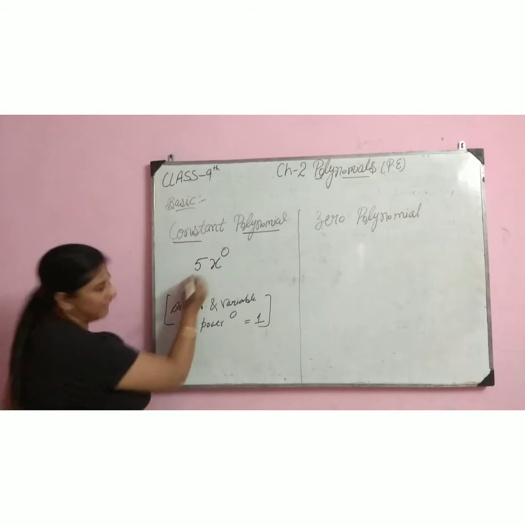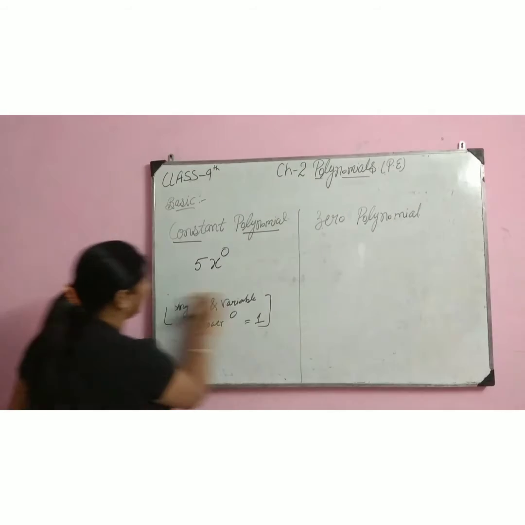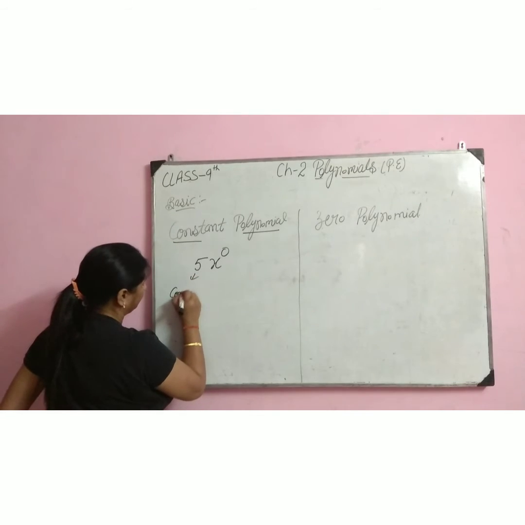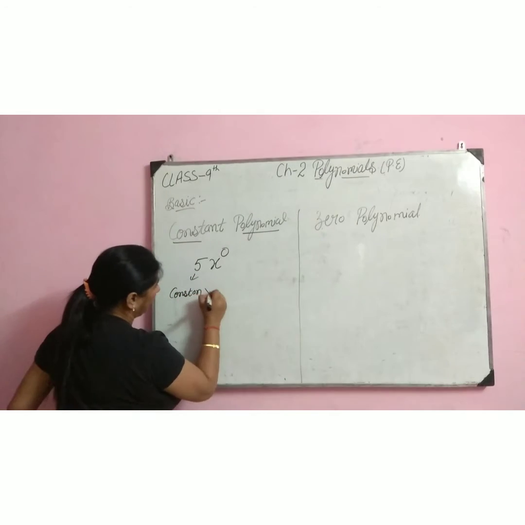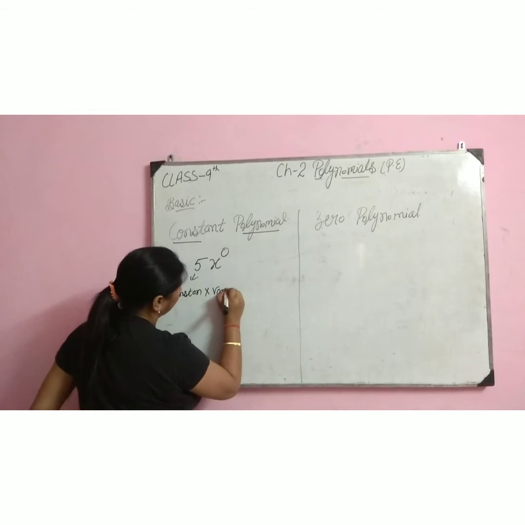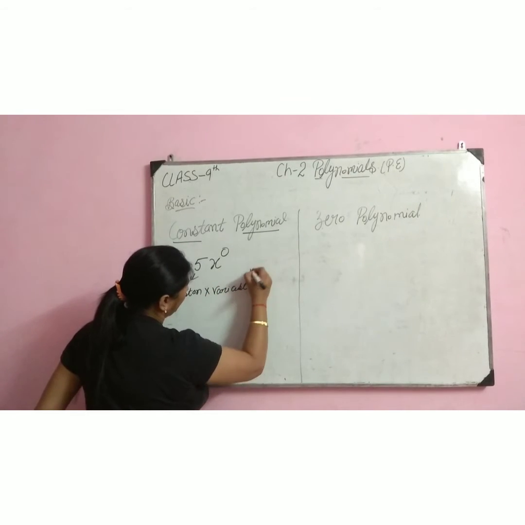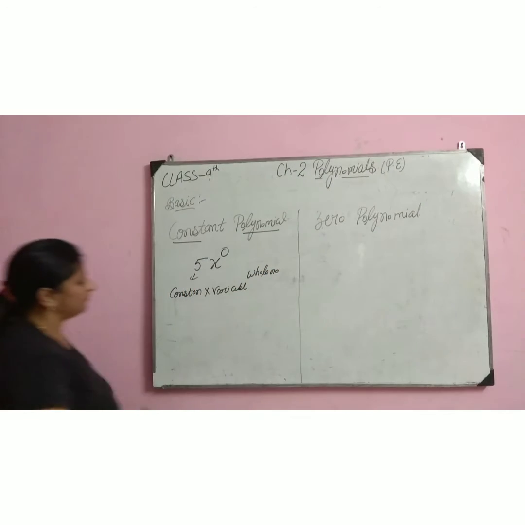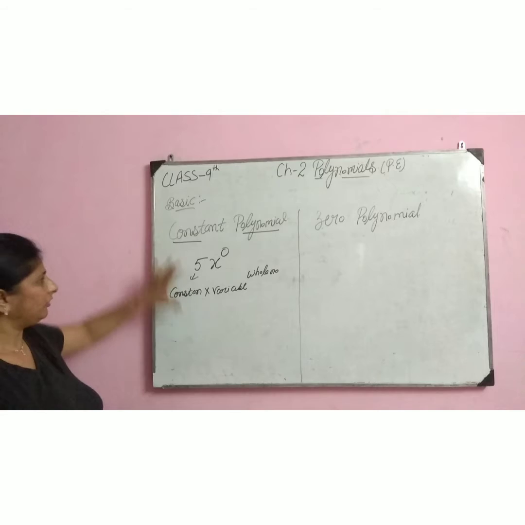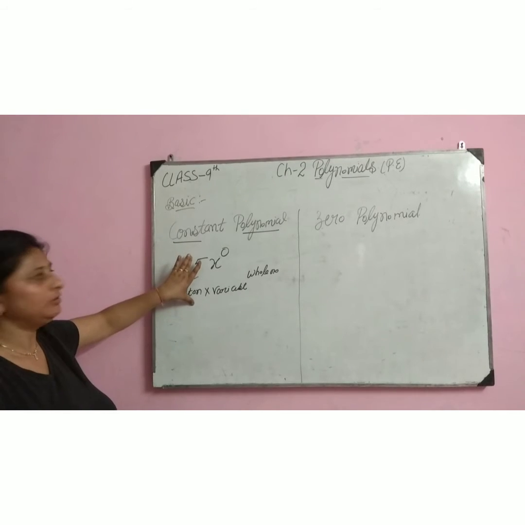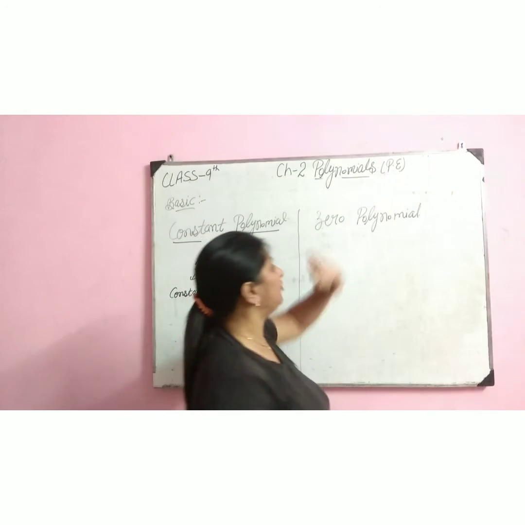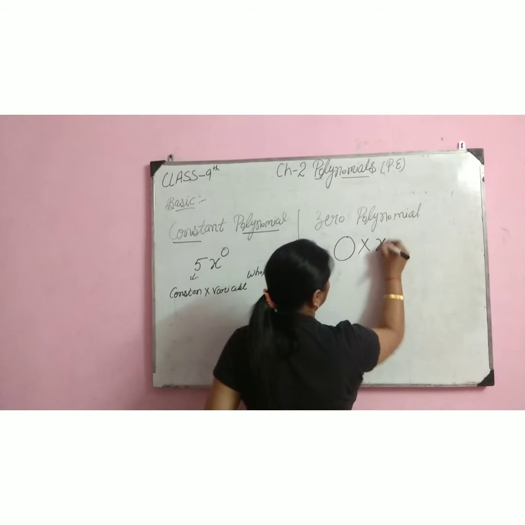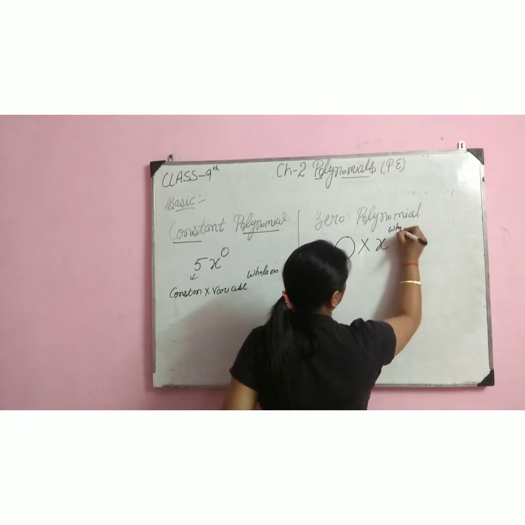According to our definition of a polynomial, constant into variable raised to a whole number power, my definition is fulfilled here. So this is also a polynomial. Now we talk about the zero polynomial. Can I write 0 as x raised to a whole number power?